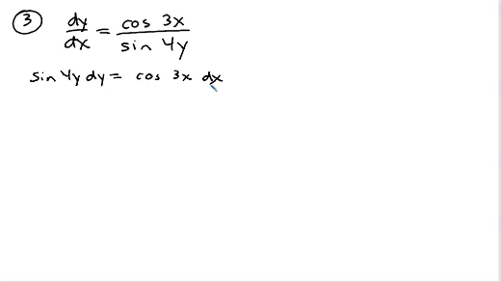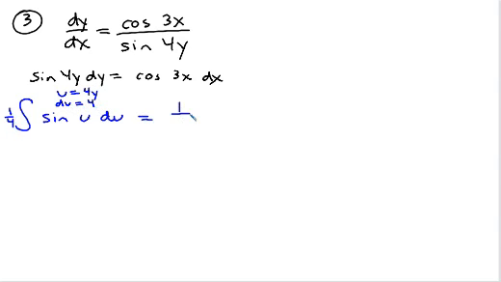And so I'm not going to spend a bunch of time. You see that we're going to integrate both sides. And we're going to have a u here. What's my u? My u is 4y. My du is 4 dy. So I need to introduce a 1/4 out in front of here. Over here, it's going to be similar.